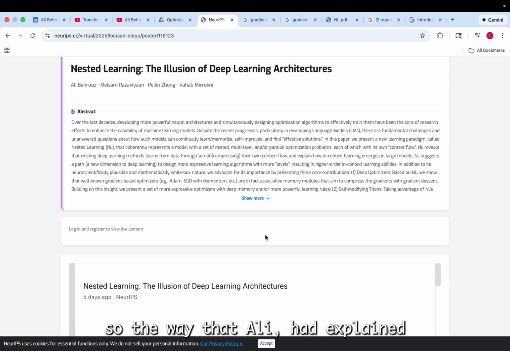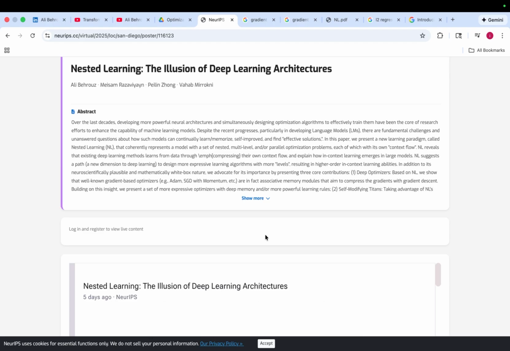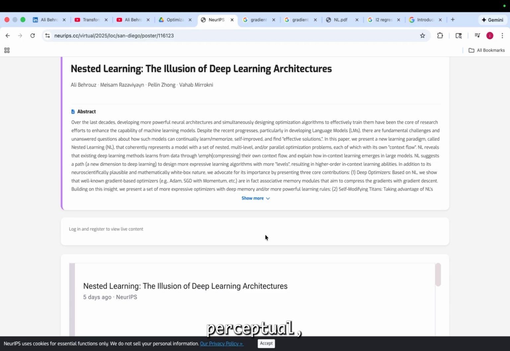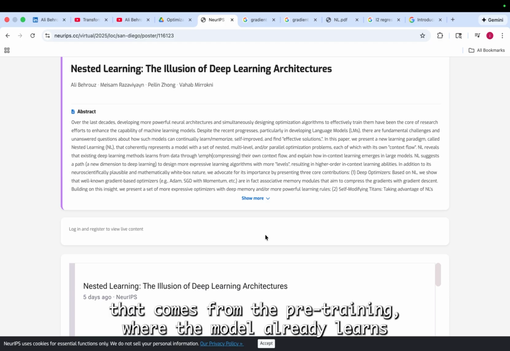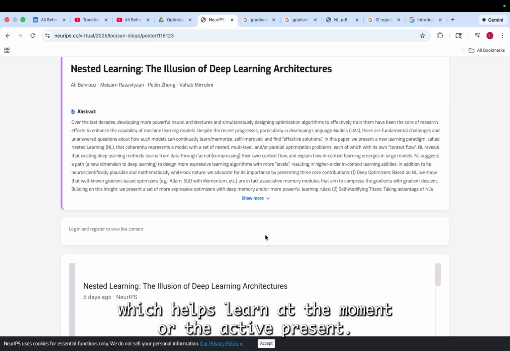The way that Ali explained this paper during the NeurIPS poster presentation was that there are two different types of learning: perceptual learning, which comes from the pre-training, where the model already learns and keeps it as long-term memory, and context-based learning, which helps learn at the moment, in the active present.